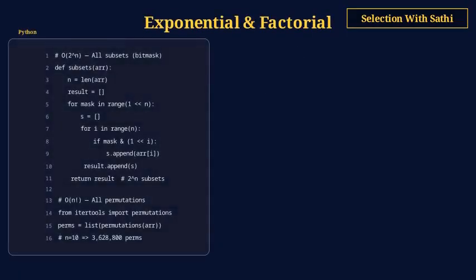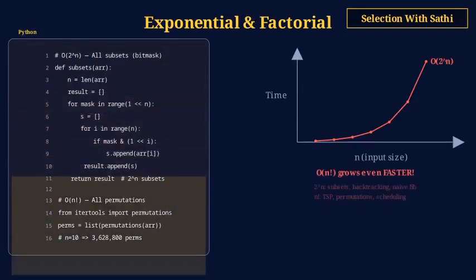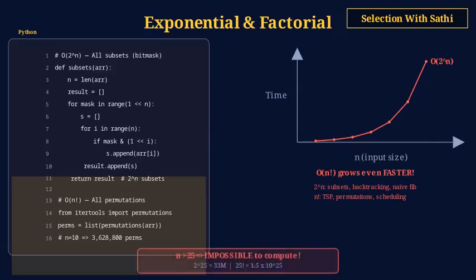Finally, the scary ones, O of 2 to the n and O of n factorial. O of 2 to the n means generating all subsets. Look at the code. We iterate through all 2 to the n bit masks, and for each mask we check which elements are included. A set of 20 elements has over a million subsets.